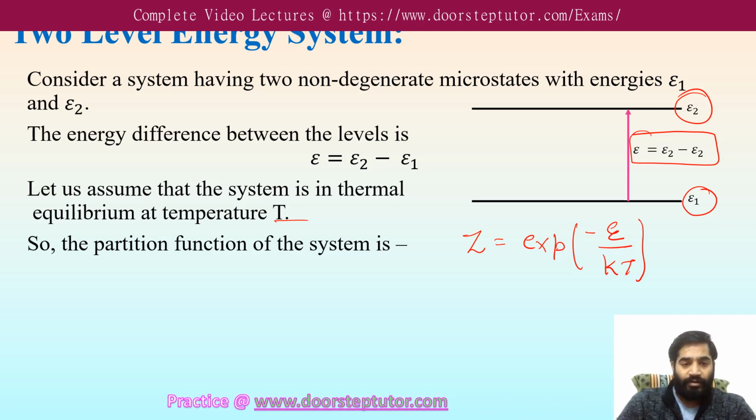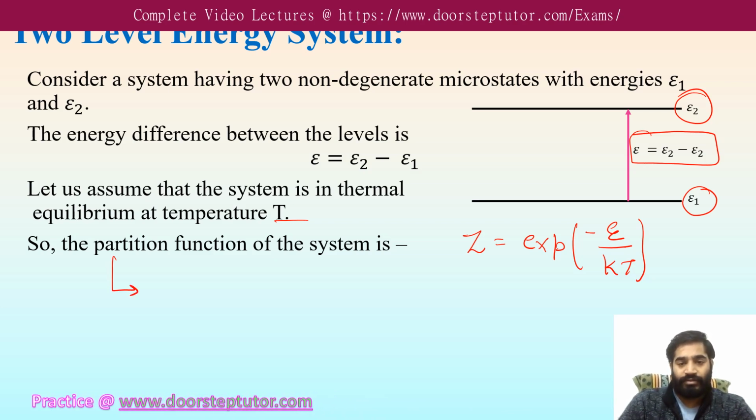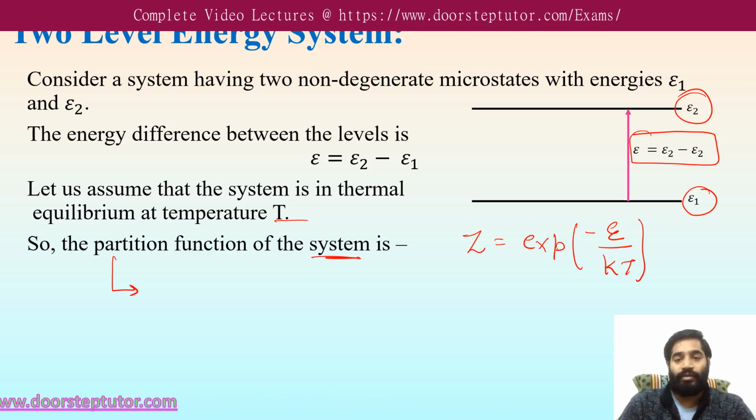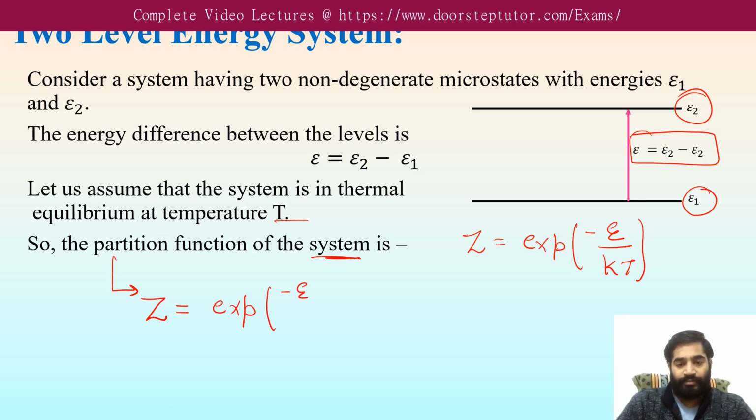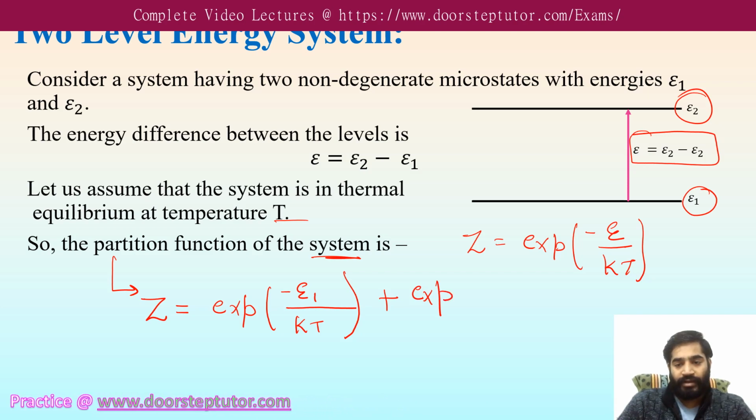But here, the system has a two-level energy system. So the partition function for the two-level system is going to be exponential of minus E1 over kT for the first level, and for the other level, exponential of minus E2 by kT.